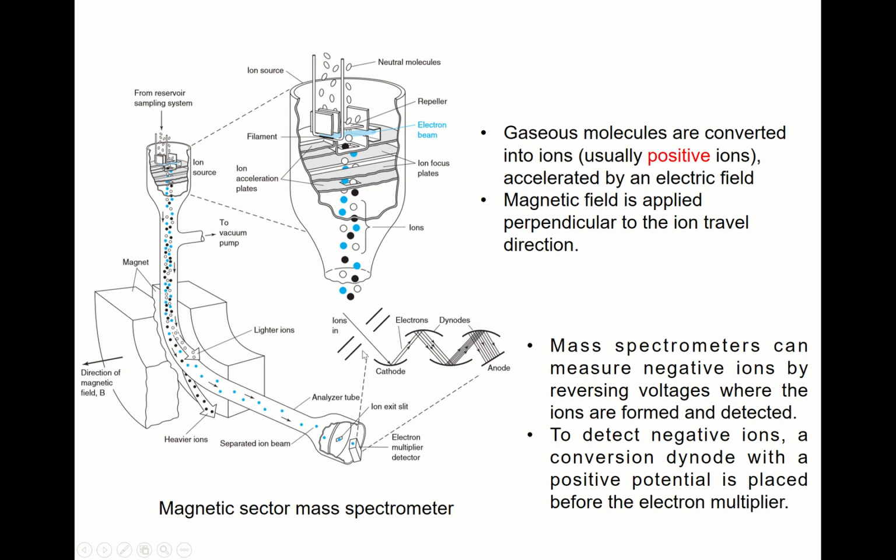Now ions of a specific mass to charge ratio enter the slit, and then hit the detector cathode, okay, and then electrons are ejected from this cathode, okay, and these electrons are attracted to this diode, and then these electrons are multiplied.